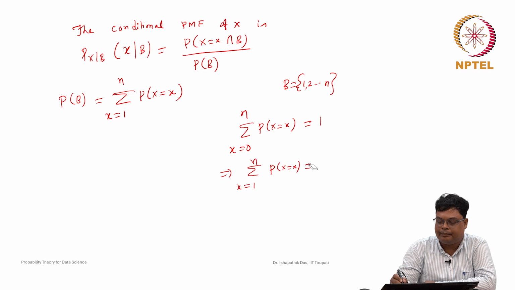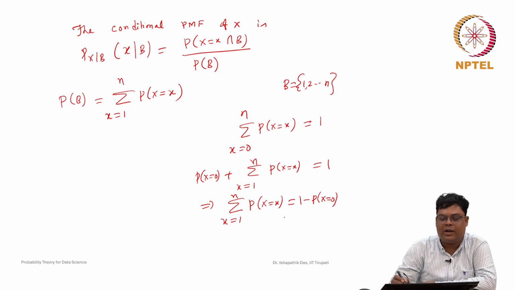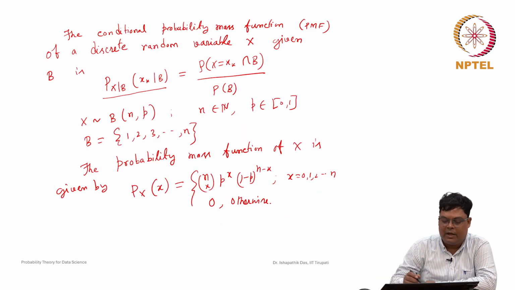This is the probability that X is equal to 0 plus the remaining sum for x equal to 1 to n, which equals 1. Which implies the summation for x equal to 1 to n of P_X(x) is equal to 1 minus the probability that X is equal to 0. So what is the probability that X equals 0? It is just P_X of 0.